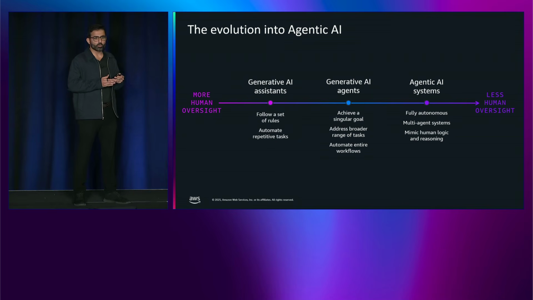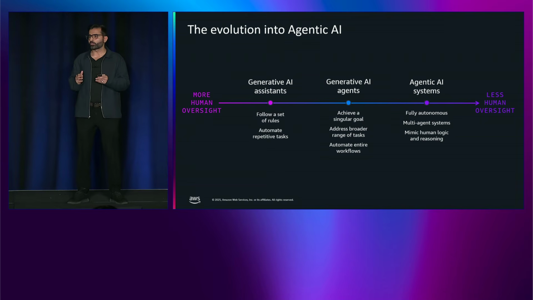At the same time, they can evolve to a changing ecosystem. On the other hand, agentic AI systems are fully autonomous. This is where agents can interact with each other. They can make really complex decisions and mimic human-like reasoning capabilities. So when you think about deploying your AI workloads, it's really important to also think about how you should leverage the power of agentic AI systems to improve your business processes. As I mentioned, in this session, we'll cover both generative AI and agentic AI systems.